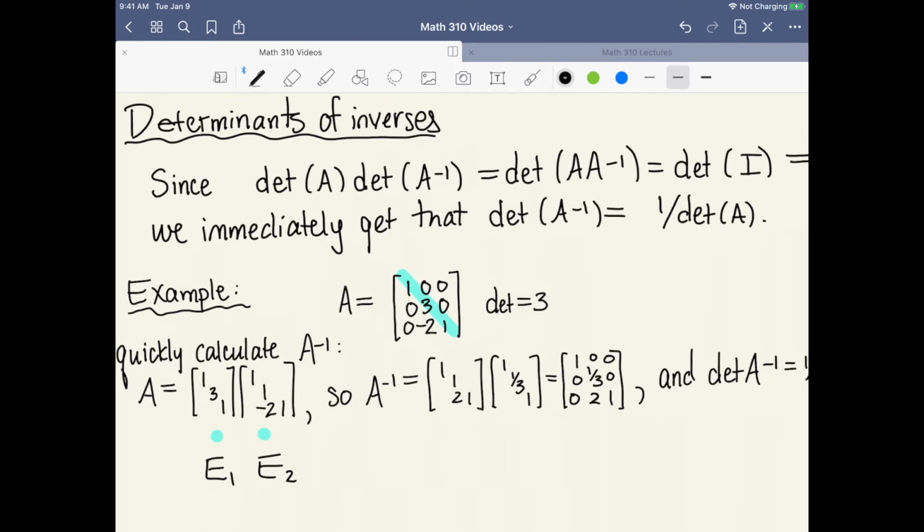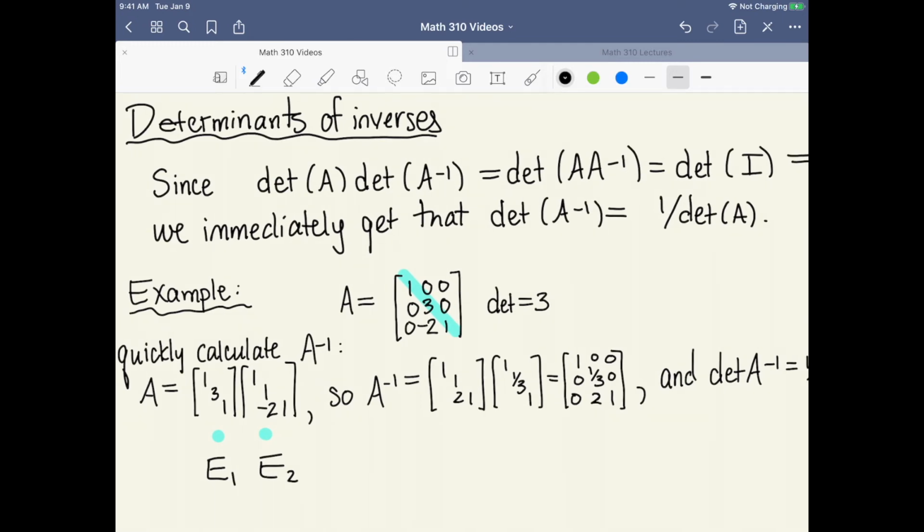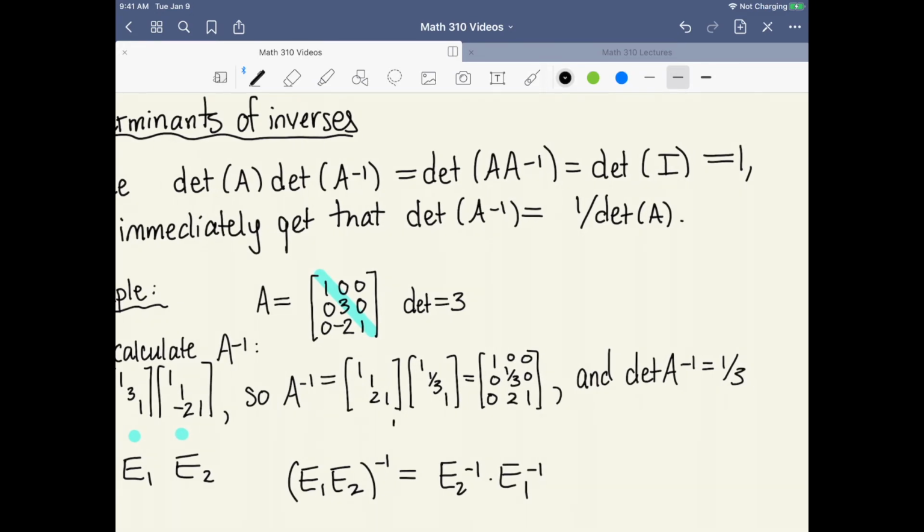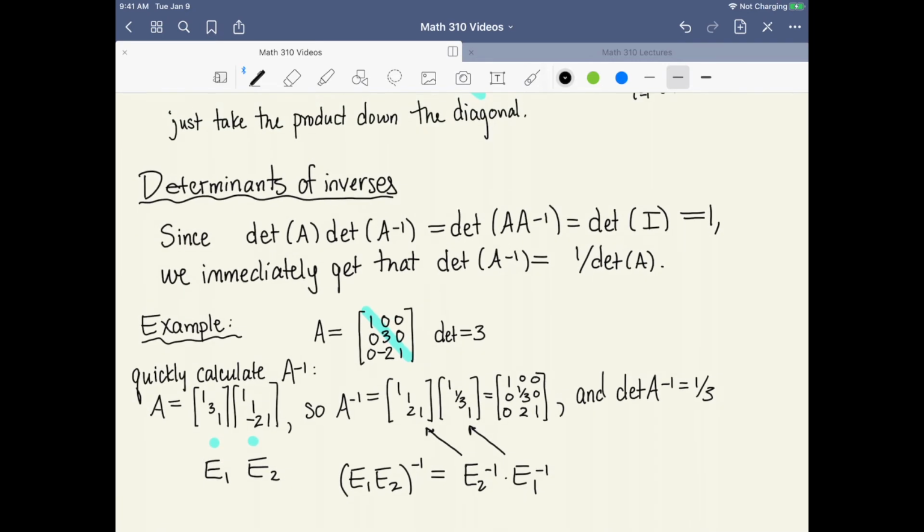We take E1 and E2, and when we take their inverse, notice that this becomes E2 inverse times E1 inverse. So that's what we see here, E2 inverse and E1 inverse. And those inverses are quite easy to calculate because they are elementary matrices. In the case of E1, with 1, 3, 1, you turn the entry on the diagonal into 1 over 3.